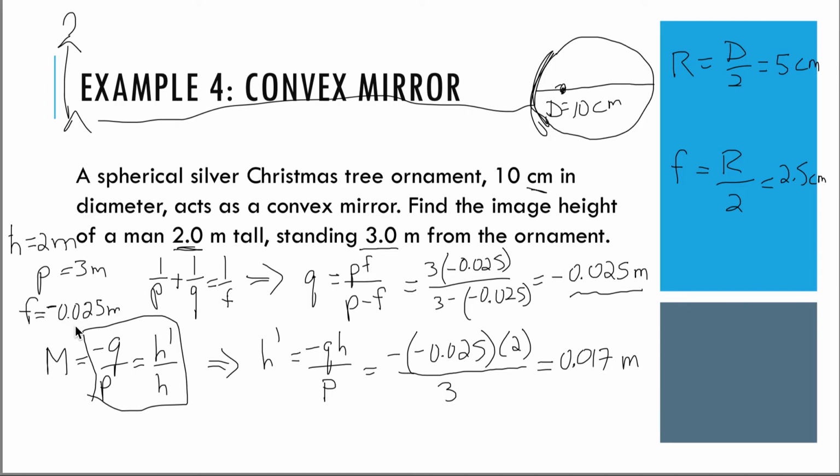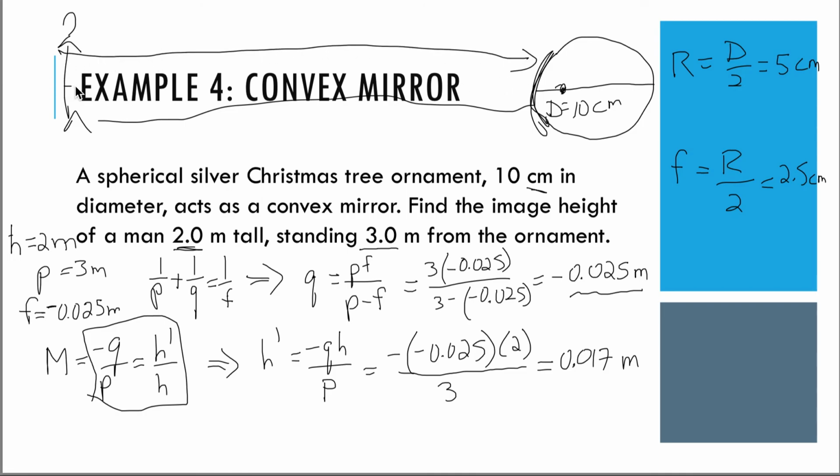Well, hopefully you realize that it's not a coincidence, because that was the beauty of the focal point. If you remember, we talked about a long time ago, when the object is very far away from the mirror, and in this case the mirror is only 10 centimeters big and we're 3 meters away, so we're really far away, the rays are incoming parallel.